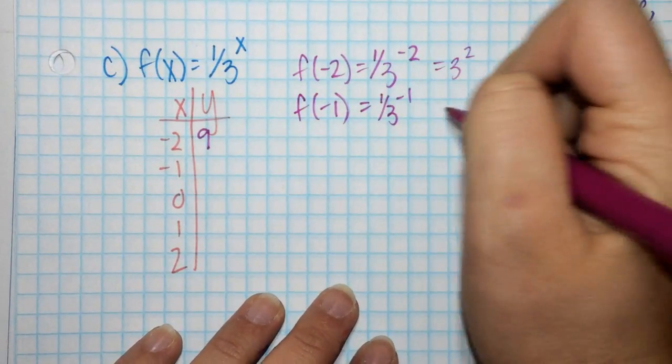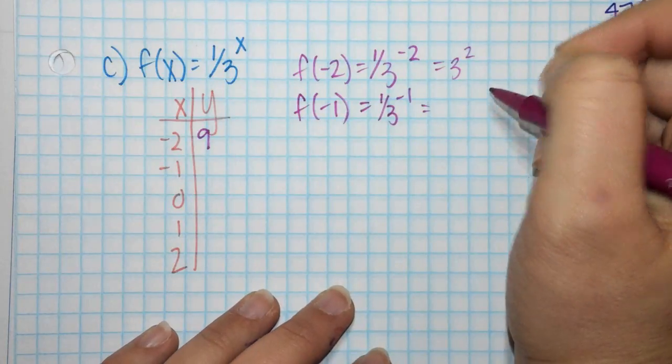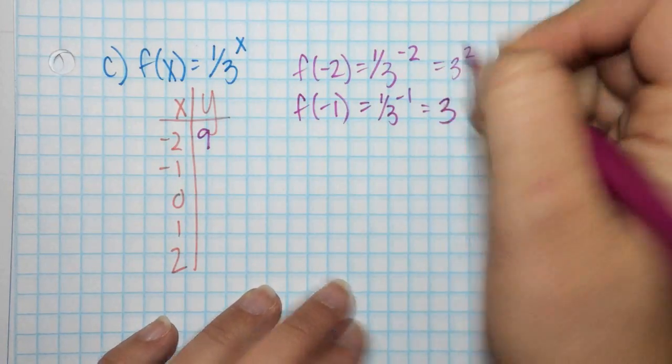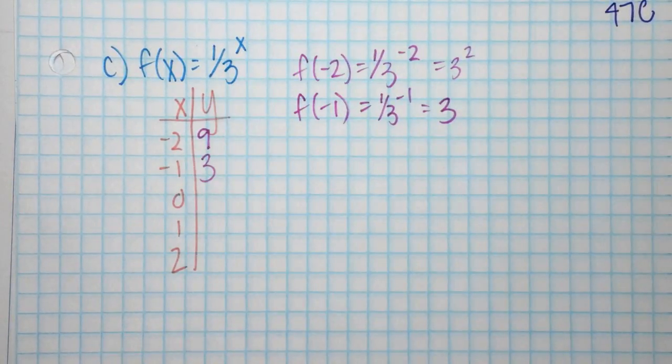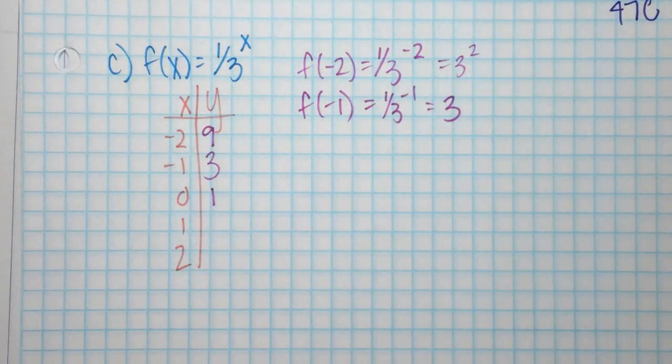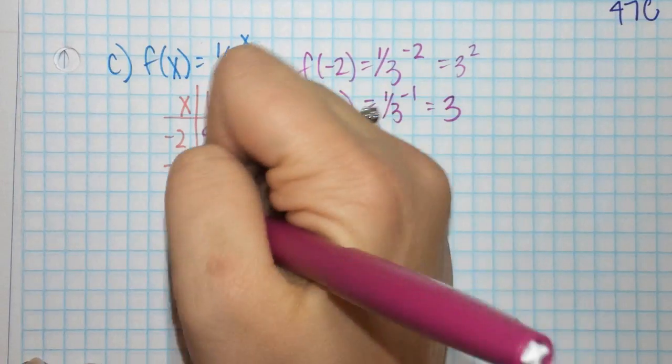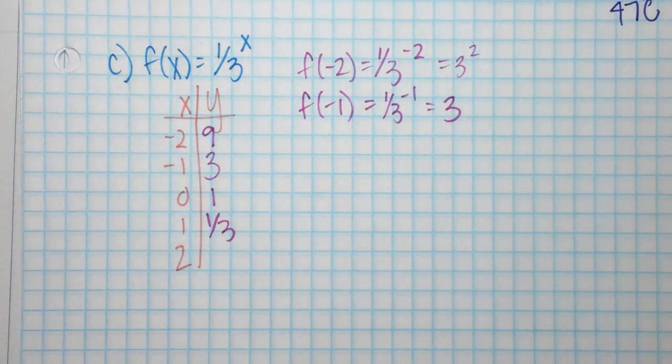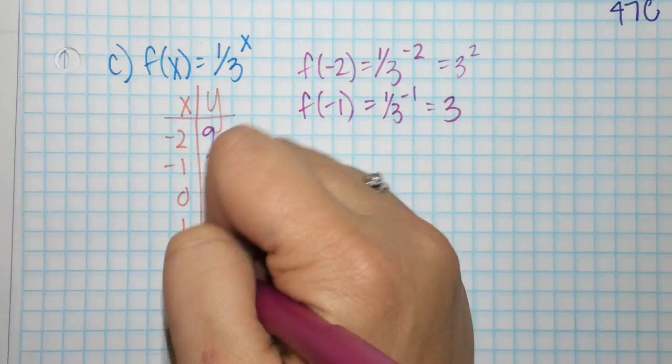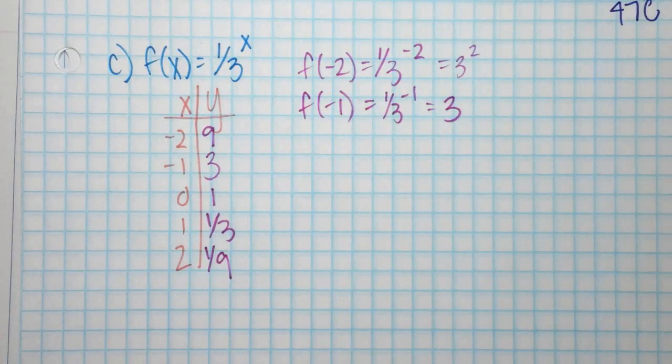Can we have negative exponents? So that's going to become 3. Alright, what is 1/3 to the 0 power? What's 1/3 to the first power? And 1/3 squared? Look at y'all go. And now graph it.